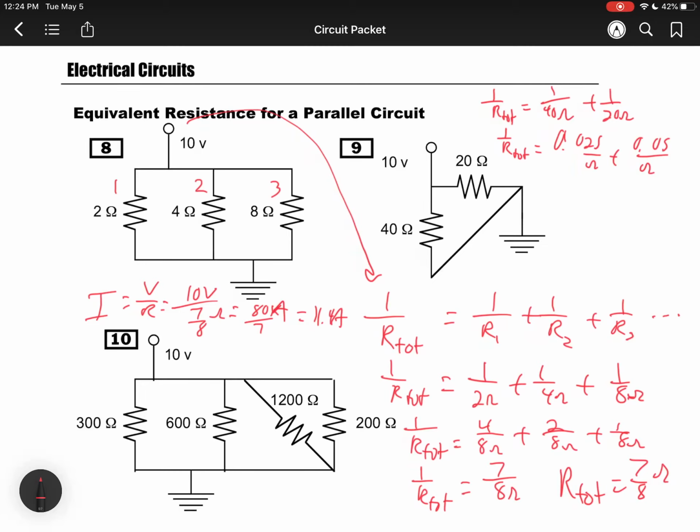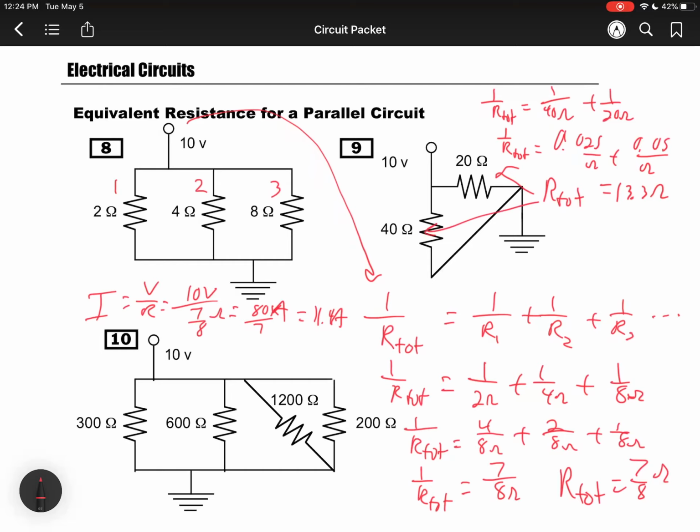So add those together. 0.075, take the inverse. And you get a total resistance of 13.3 ohms.